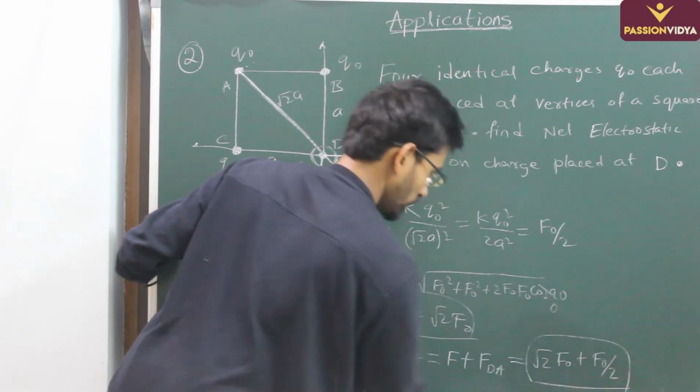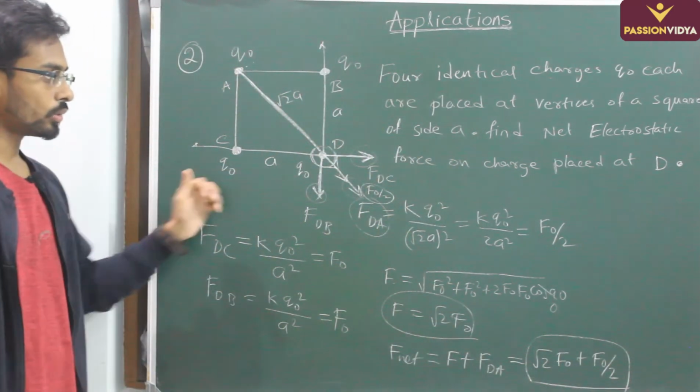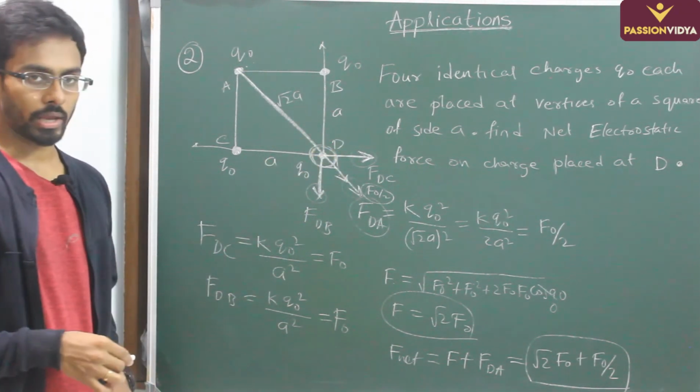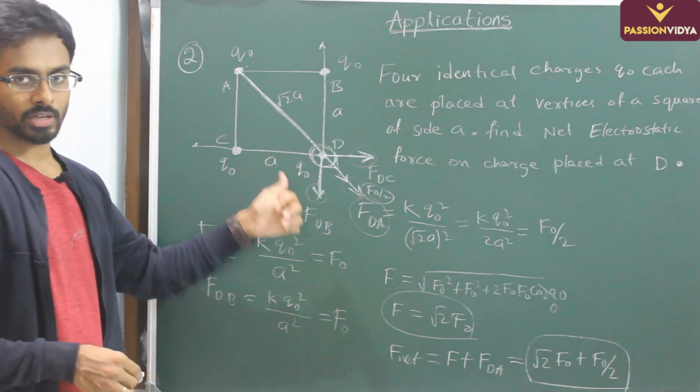So this is the force, and you can substitute F naught. This is how to calculate the force on D due to 3 charges in the first method.